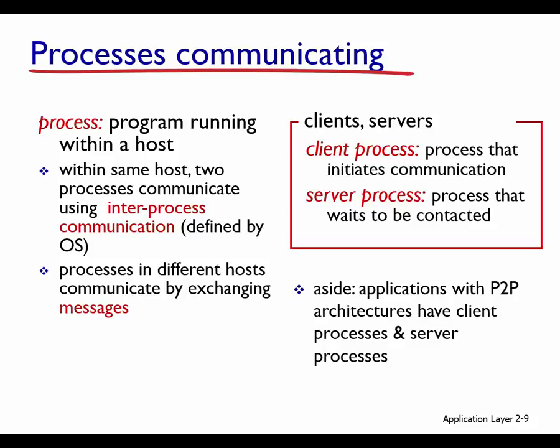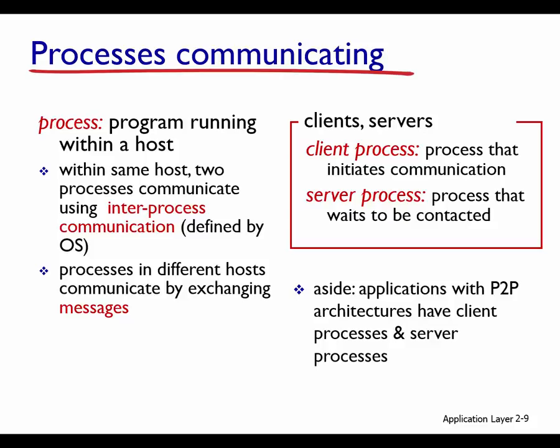And also, one of the ways for inter-process communication allowed by an operating system is allowing an application or process to communicate over the network, connected to some IP address and some port.